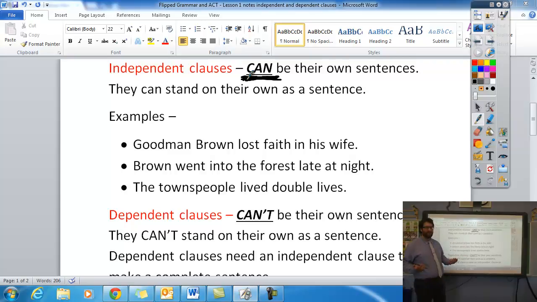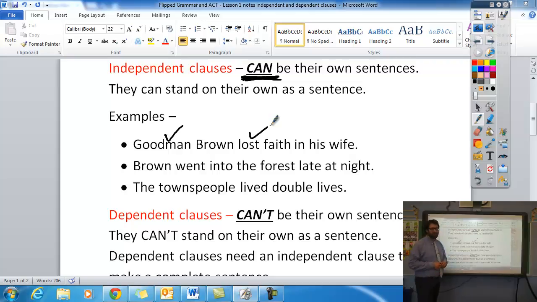So let's take a look at some examples, right? I took these examples from a summary from your journal responses on Young Goodman Brown. Goodman Brown lost faith in his wife. We've got a subject, we've got a verb, it's a complete thought. So that's an independent clause. This can be its own sentence. Let's look at the next one.